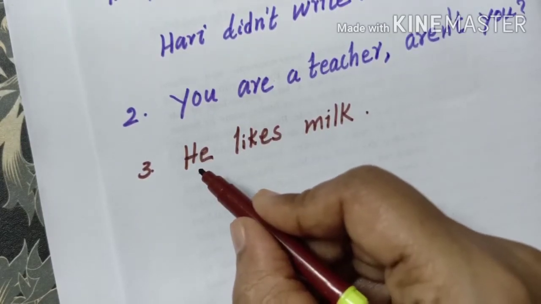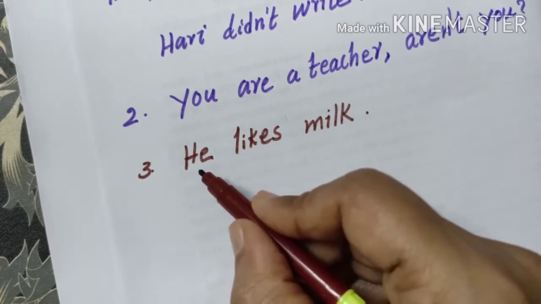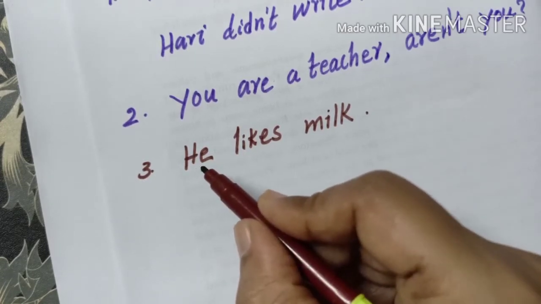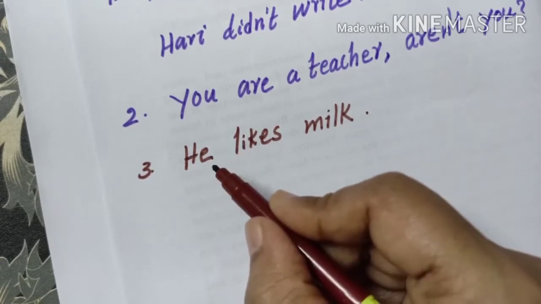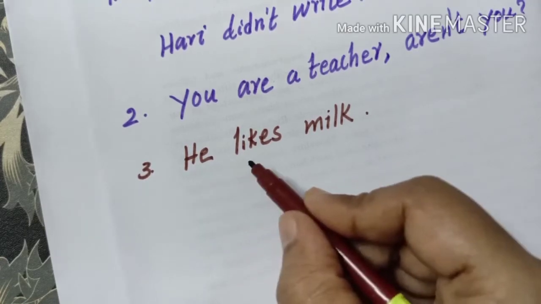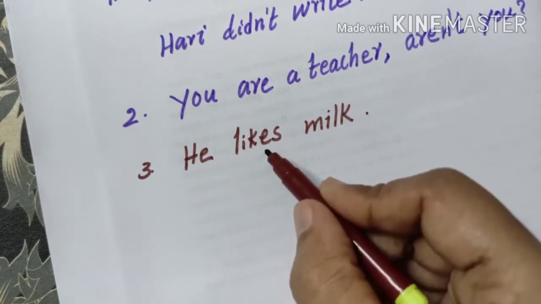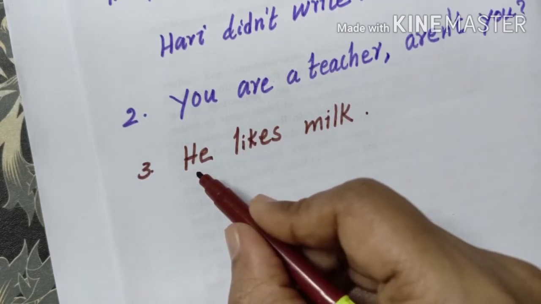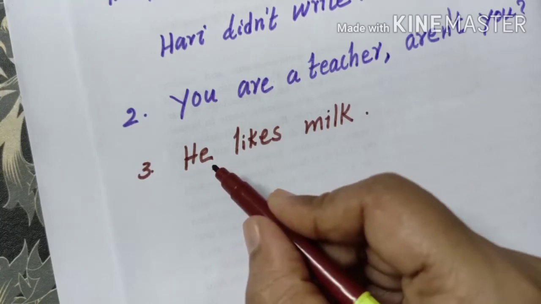Here he is singular, singular means a single person, so we should use does. If it is plural, suppose they like milk, we will use do. When the singular subject is there, we will use does.